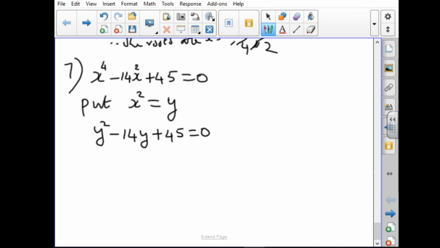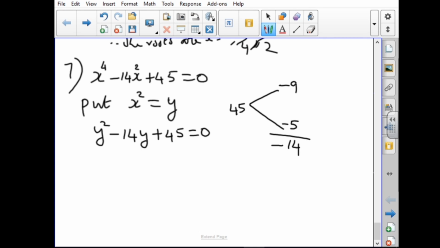So now we have to factorize this. So how to factorize? So what is the product? Product is 45 and sum is minus 14. So what are the two roots? Minus 9, minus 5. So minus 9 into minus 5 gives you 45 and minus 9 minus 5 when you add you get minus 14.